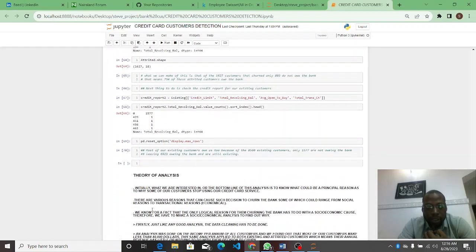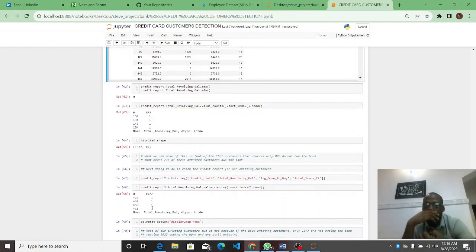So what this basically connotes is that of the treated customers, more than half of them do not owe the bank. If more than half of these individuals do not owe the bank, that connotes the fact that these individuals churned or treated the bank on their own free will.